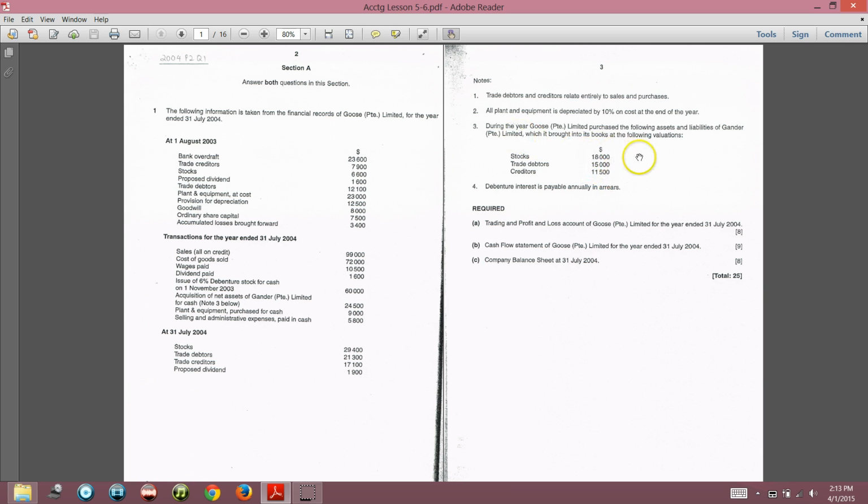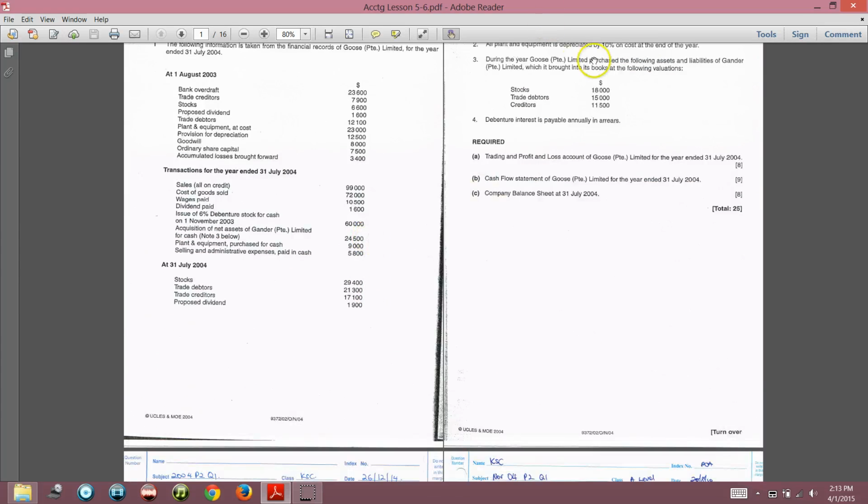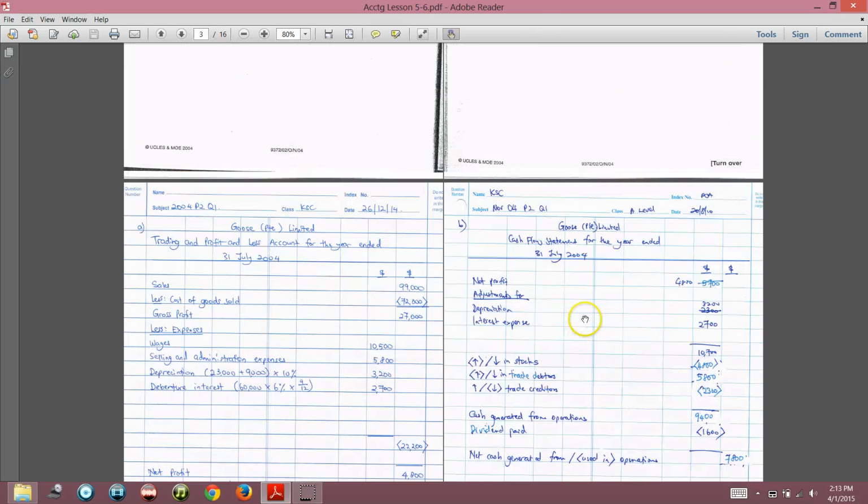So we are willing to pay 3,000 more to the previous business owner, because we are bringing in the goodwill, such as continuous regular customers, and also loyal and skillful employees, and we could be bringing in some trade secrets. So the goodwill that we have purchased together with this business is 3,000.